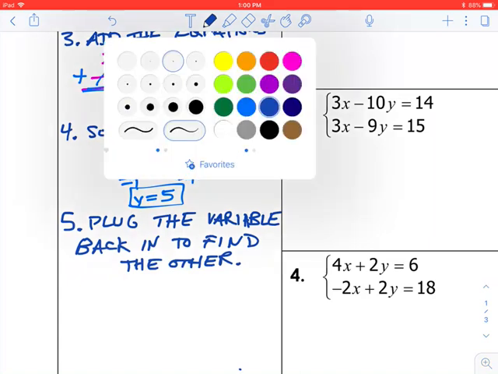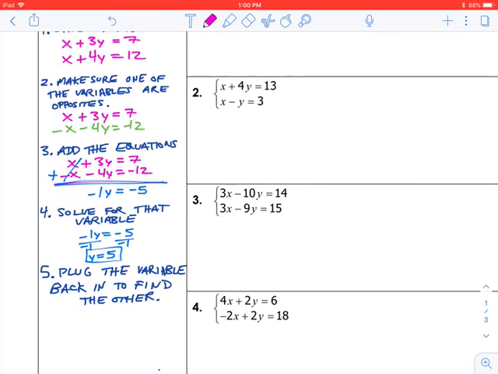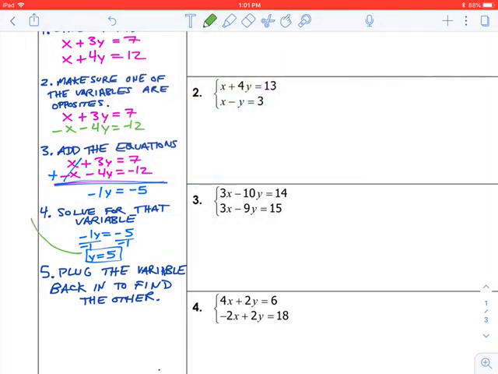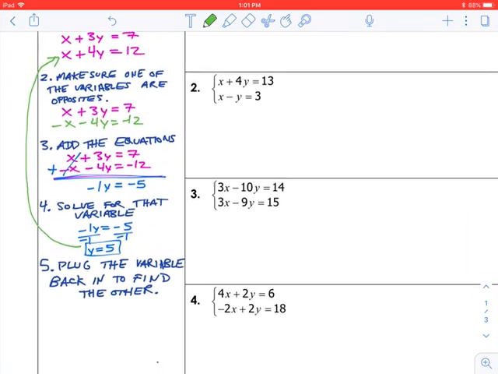Okay, so in this particular case, my y equals 5. I'm going to plug that in to one of those top equations, one of the originals.